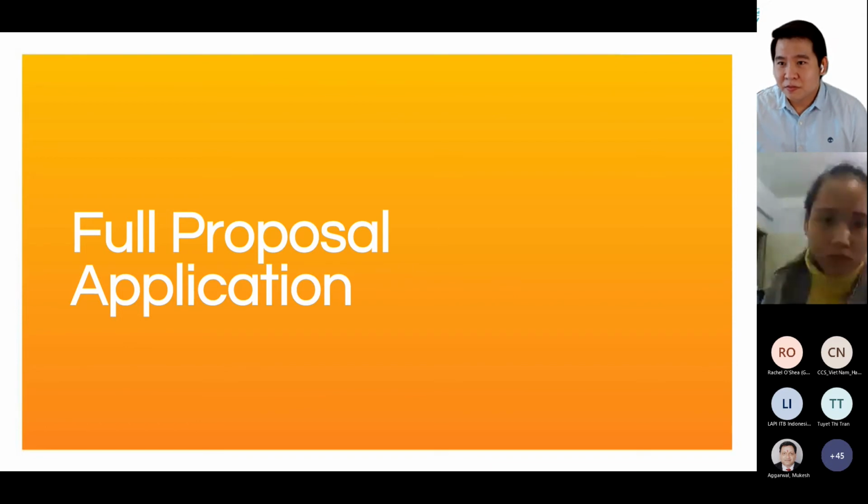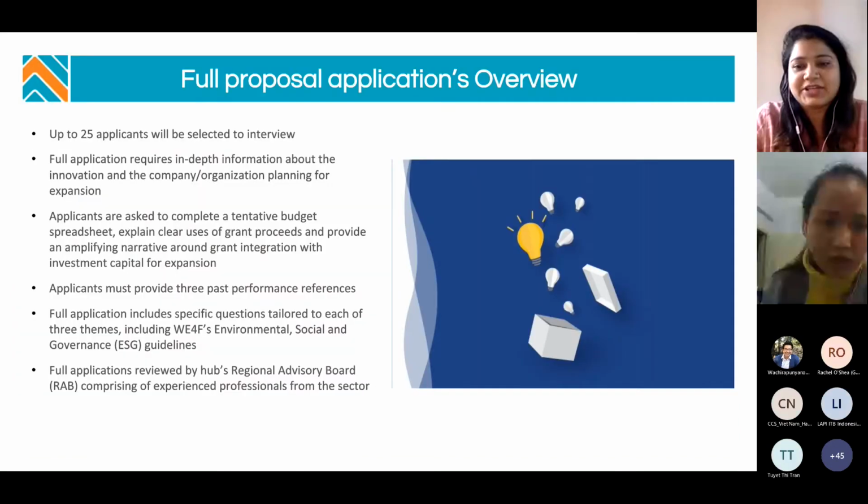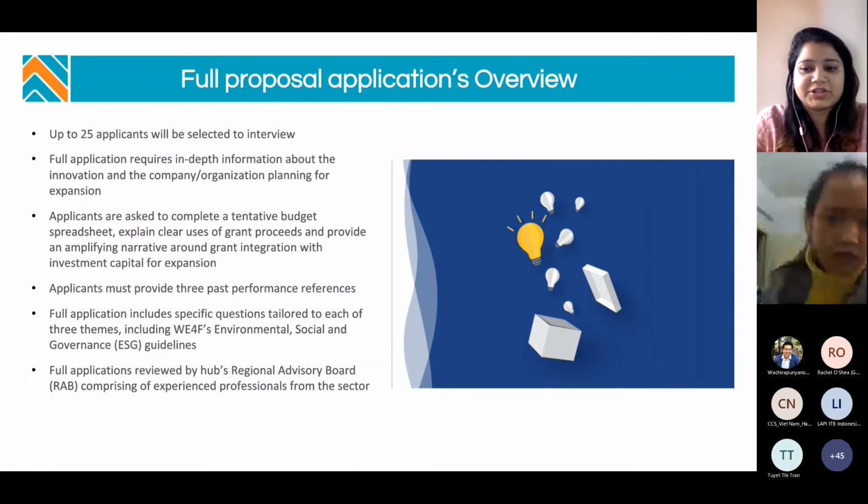Hello, everyone. I'll take you through the full application in a little more detail. To give you an overview, about 25 applicants, more or less, will be selected from this full application stage to the next interview stage. In this full application, we require more in-depth information compared to the concept note stage.